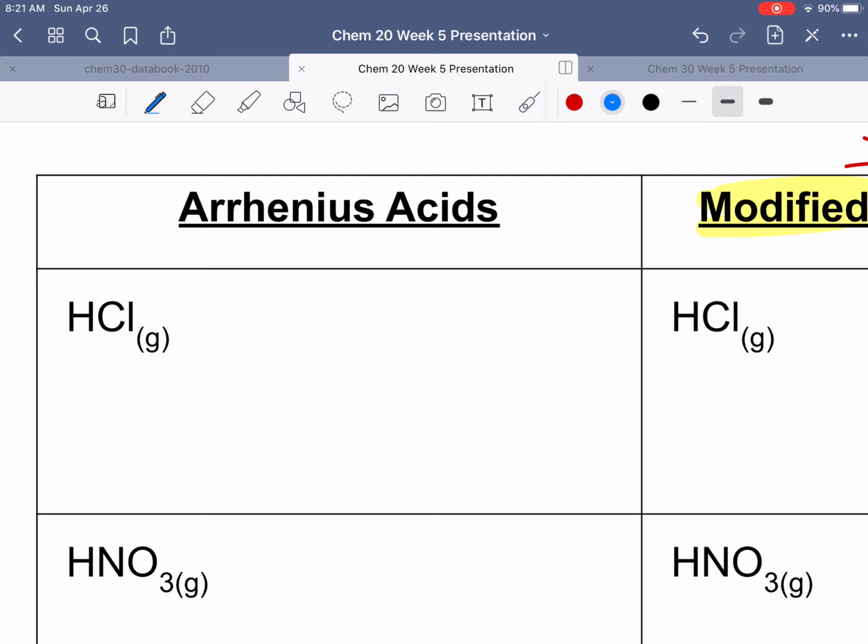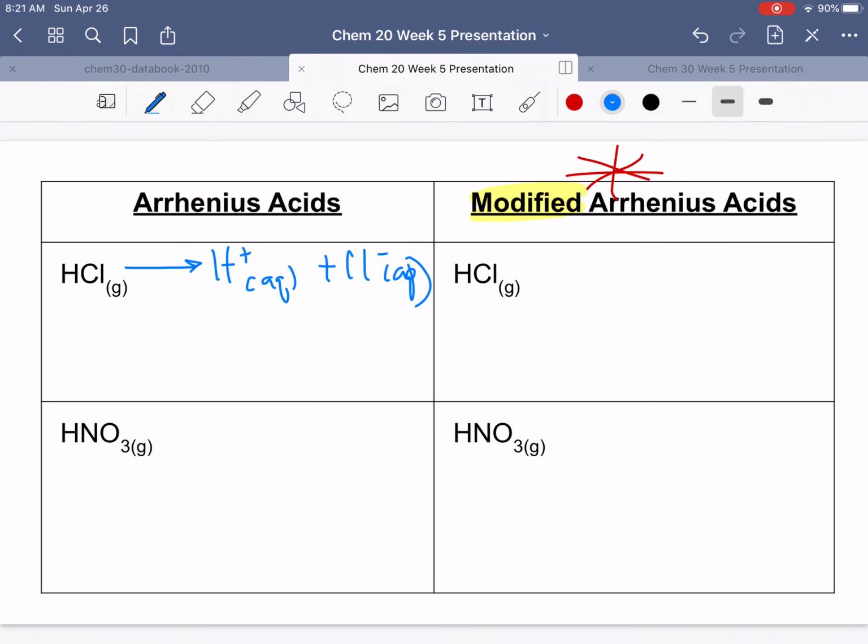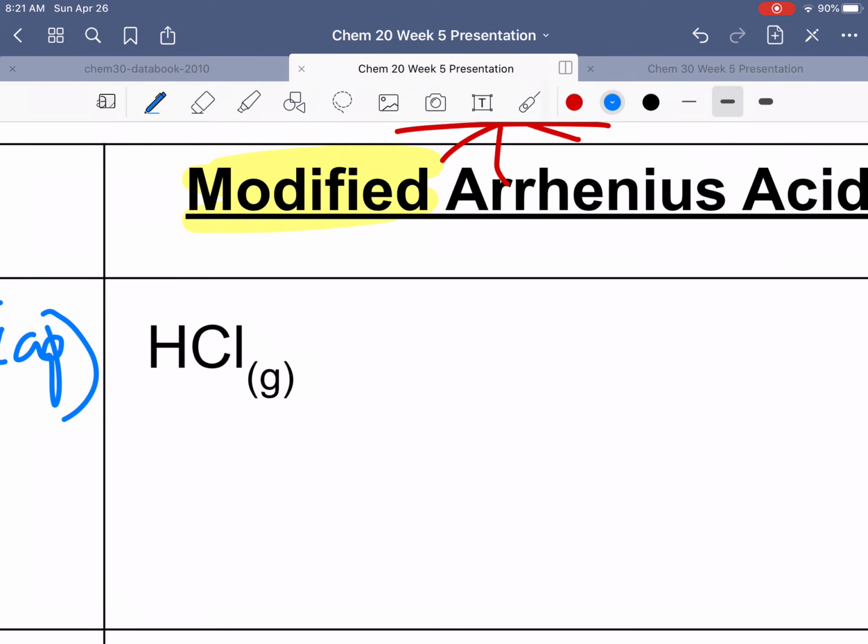Now, with the old Arrhenius acid, we would have added some water, right? And then it just simply would have ionized into H plus ion plus chloride ion. Done and done. Ionization, we're good to go. With the modified Arrhenius acid, the key difference here is you need to react with water. And that's a big deal. We've never had to react with water before.